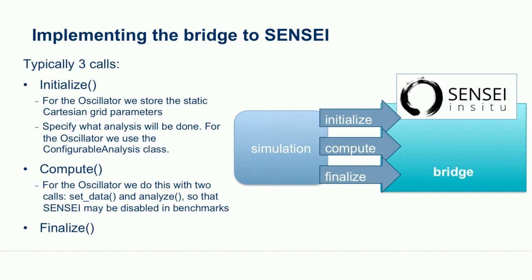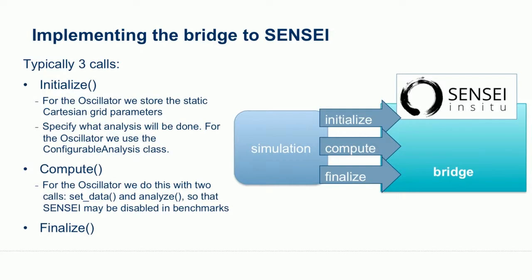So now on to the bridge. The bridge code, again, manages the analysis and the data adapter, and it provides the hooks for the simulation to push data through Sensei to the analysis. Typically, the bridge is comprised of three calls: initialize, compute, and finalize.